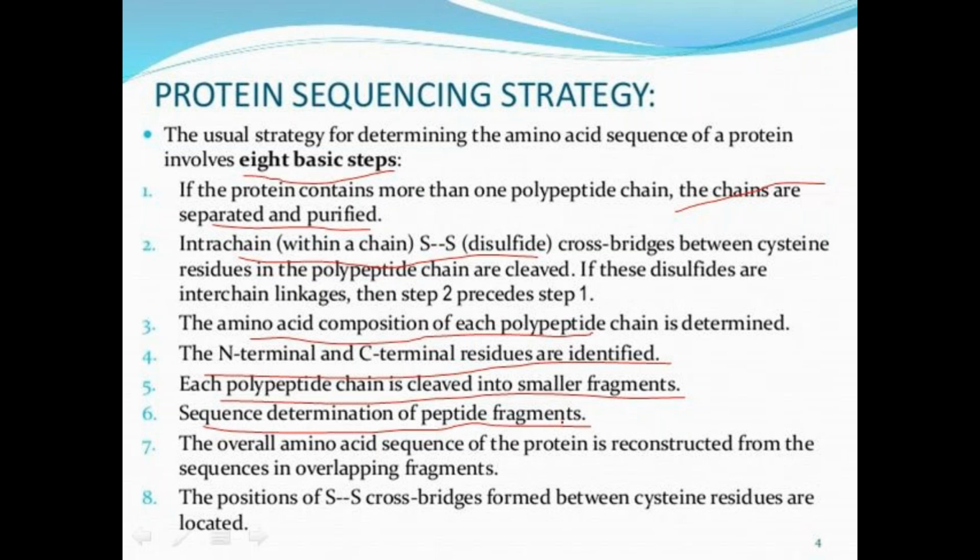It can be done using different chemicals or by the enzymatic method. Next, the overall amino acid sequence of the protein can be reconstructed from the sequences of overlapping fragments.